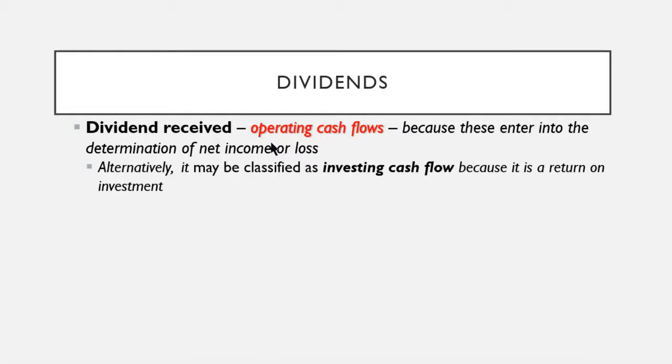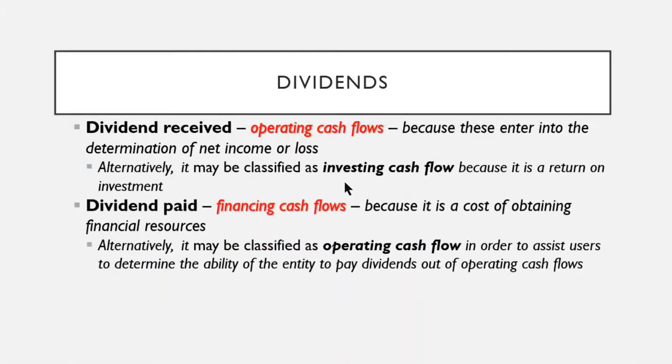But another classification allowable would be as an investing cash flow because it is a return on investment. When you invest in the form of shares of stocks, you will be receiving dividends in return. So since investment in stocks is an investing activity, the dividend received coming from that investment can be classified as an investing cash flow.